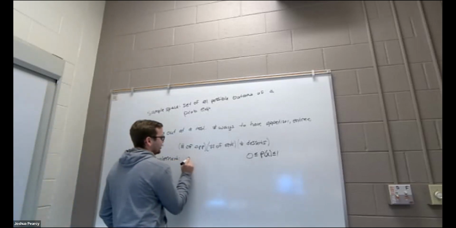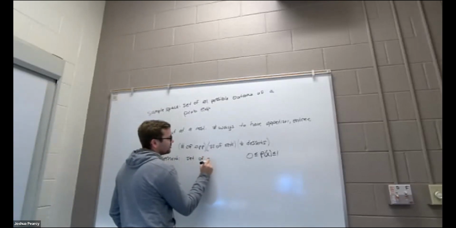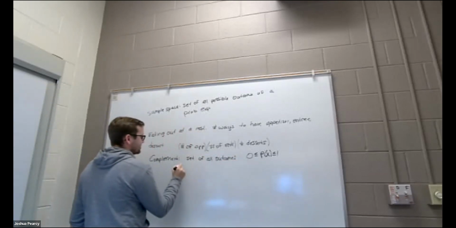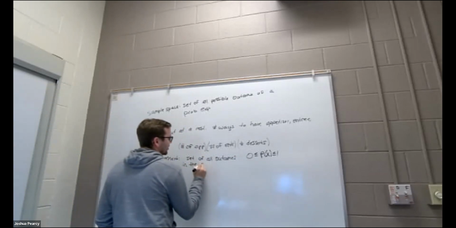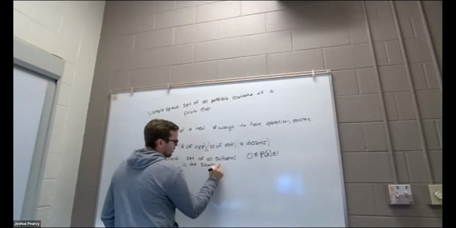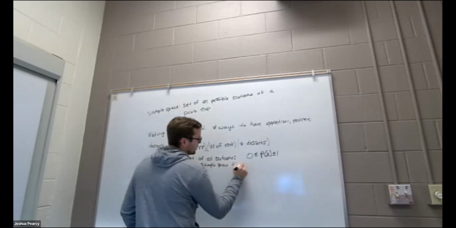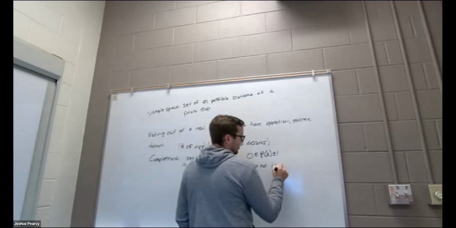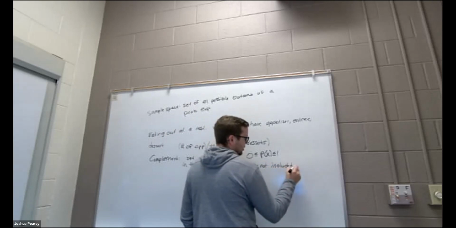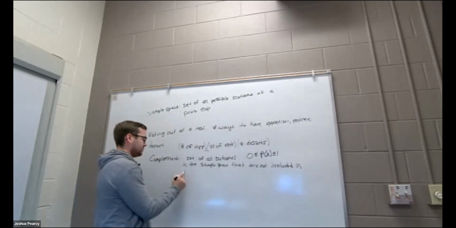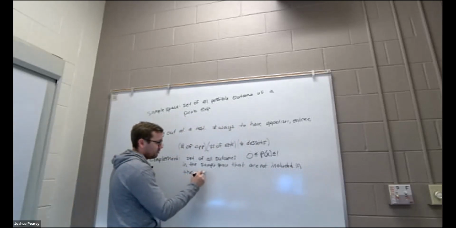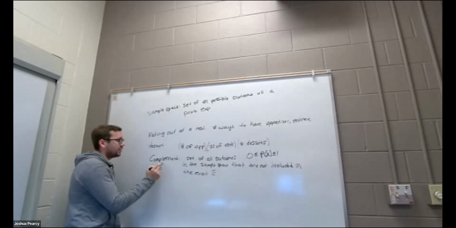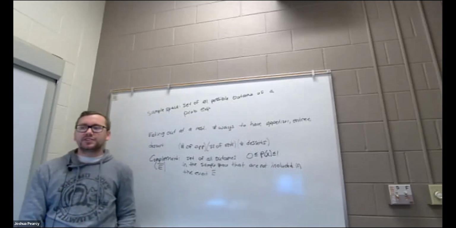It's the set of all outcomes in the sample space that are not included in the event E. So E is some event, it has some probability, and the complement of E is denoted E with a bar at the top.